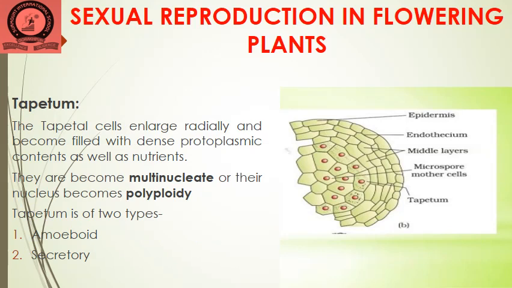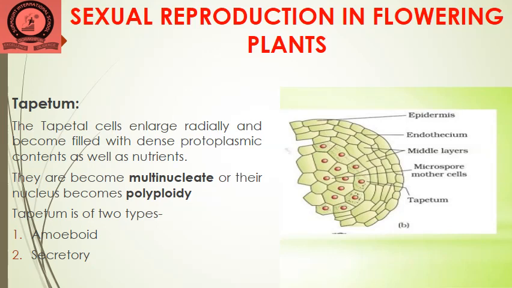The tapetal cells enlarge rapidly and become filled with dense protoplasmic content as well as nutrients. Actually, the main function of the tapetum is to provide nourishment to developing microspores and pollen grains. They become multinucleated, or their nucleus becomes polyploid.